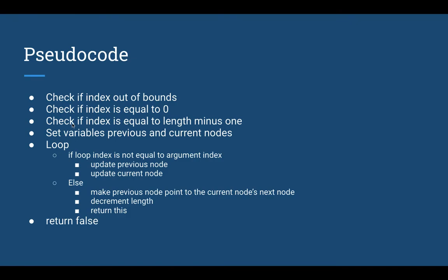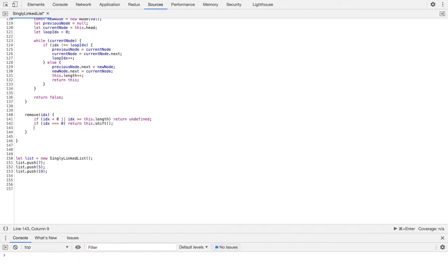The third and final edge case: check if the index is equal to the length minus 1. So if the index is equal to this dot length minus 1, then return this dot pop. Again, don't let the minus 1 confuse you. The reason is that we're starting with an index of 0 when we're going through the list.